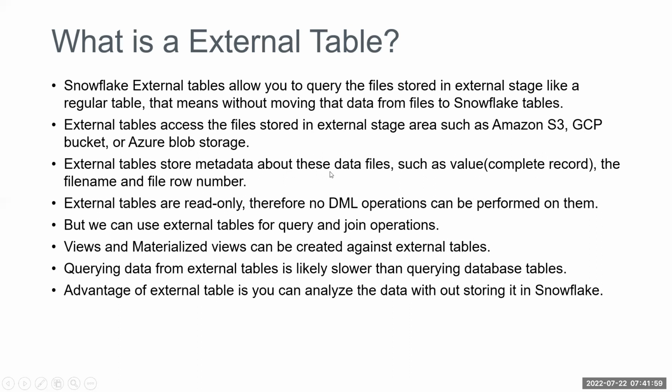It stores the metadata like value, which is the complete record, and the file name and the file row number. So it stores three values. We'll see this in detail in the next slide.